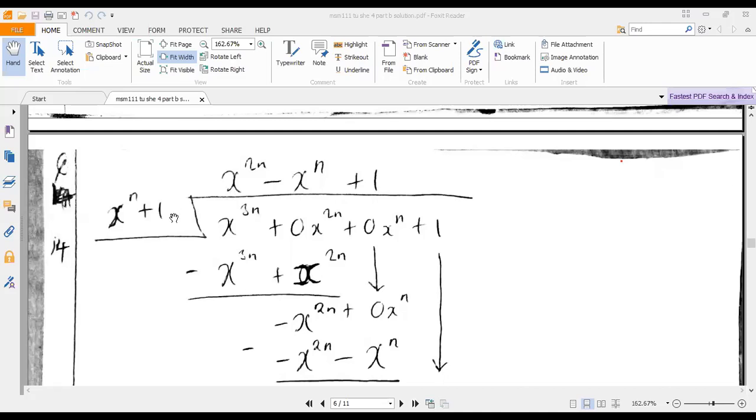Right. Okay, so like I said earlier, in our question, we've been told to find the quotient of x to the power 3n plus 1 and x to the power n plus 1.